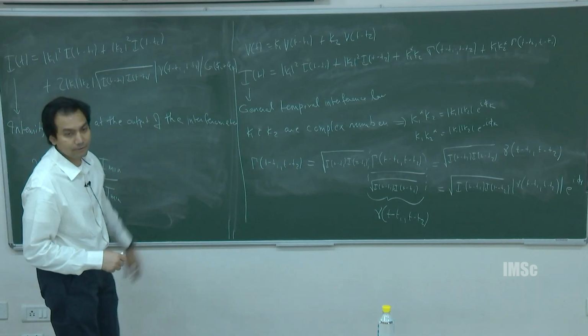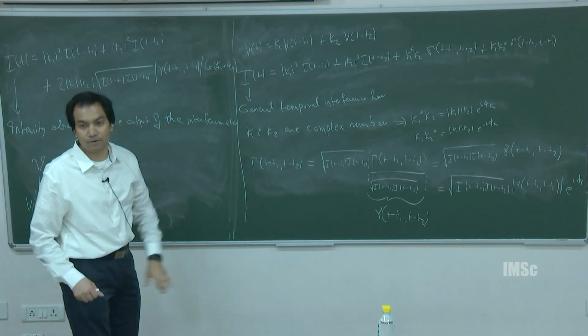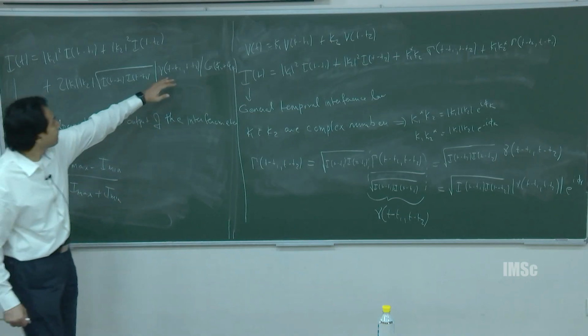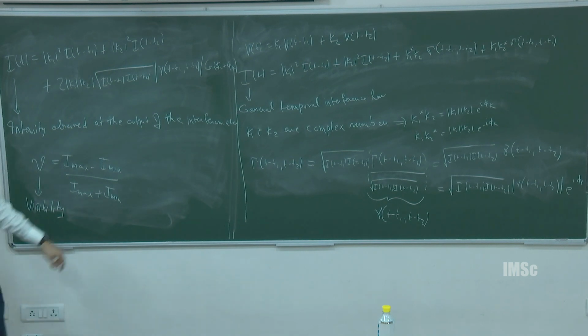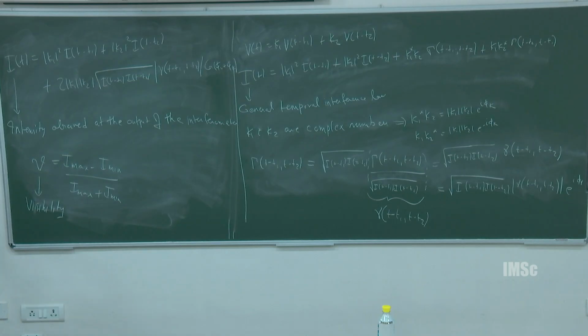When it is 0, there is no correlation. When this is 0, the interference term vanishes, which means we won't observe any interference at the detector. When this is 1, you will get perfect interference, and for any value between 0 and 1, the field is partially correlated, and that will get reflected in the contrast of the interference fringes.